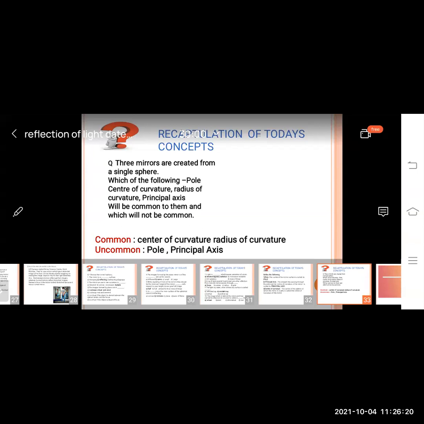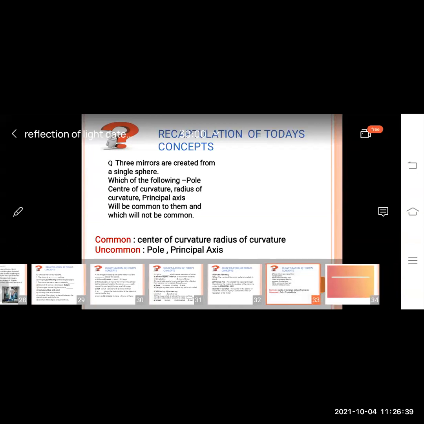So this lesson requires practice, requires a lot of revision. If this revision is done very well every day, you will be able to understand this lesson. No need to learn it by heart. You will be able to memorize it.